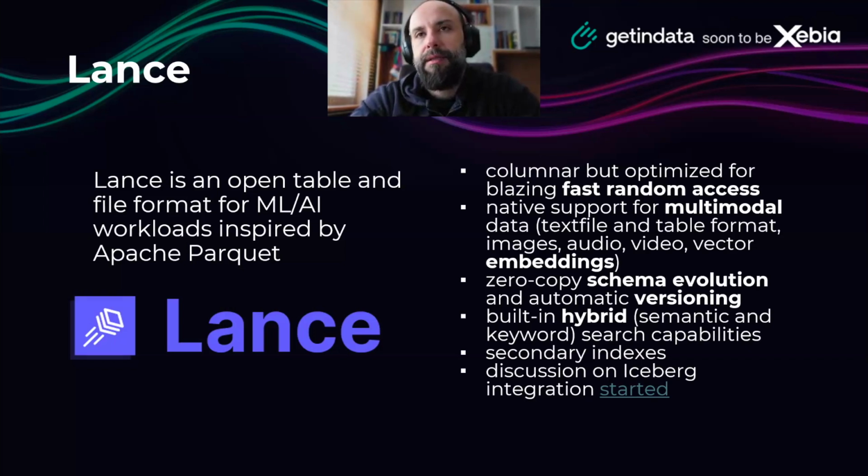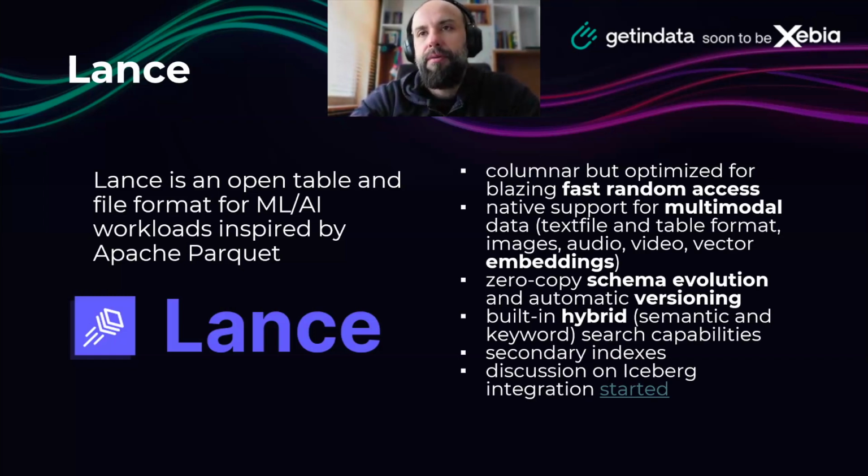data. So it also has support for images, for audio, and it can also store large-scale embedding vectors that can be used for building various search systems based on semantic search.